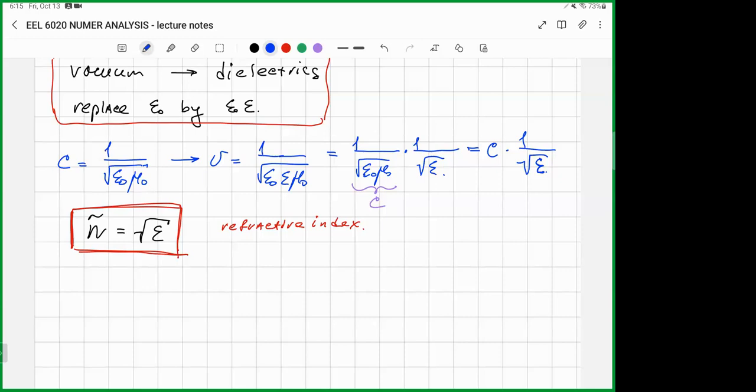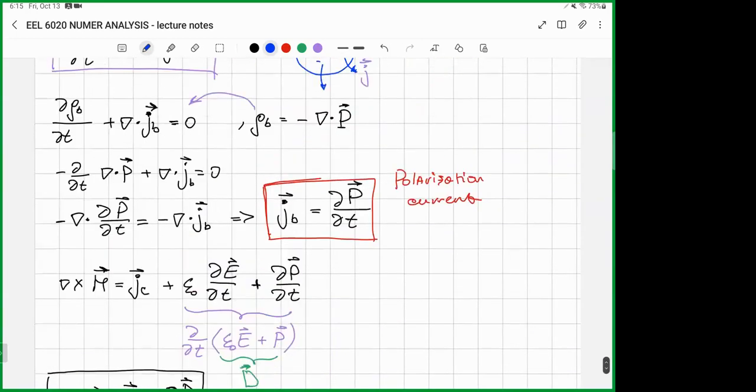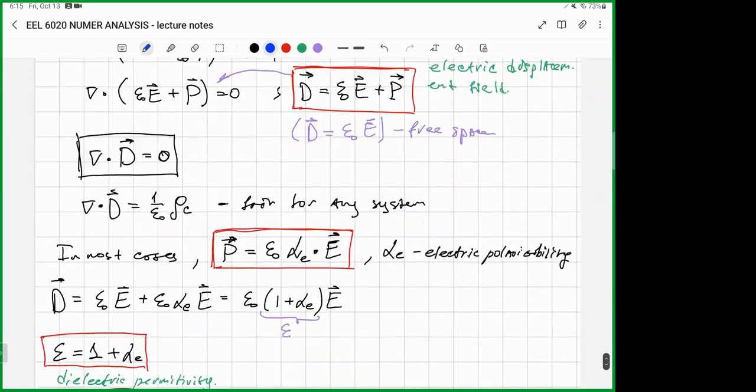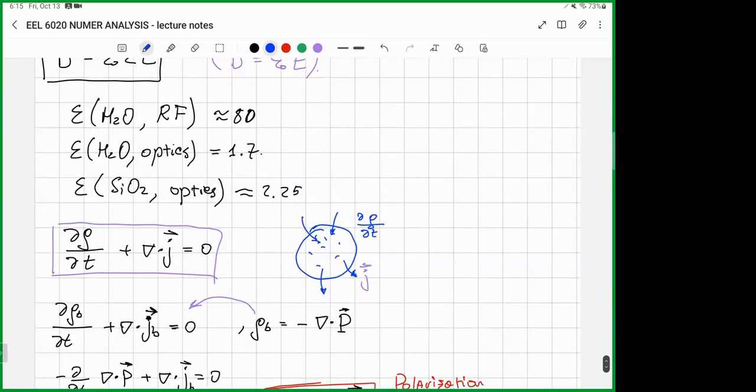When I brought these examples of epsilon, I didn't mention that these are actually complex numbers, but sometimes you can neglect the imaginary part. But this is not the case in all other scenarios, all other materials.